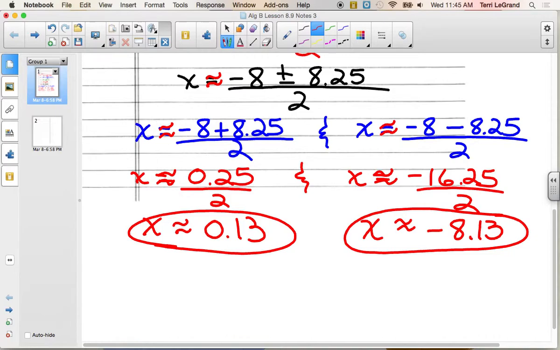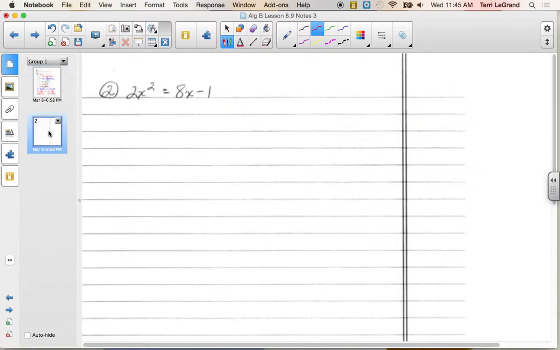Okay, well, let's go to the back side and do one more together. Jossie, is this one in standard form? No. Okay, could you give me what it would be in standard form, please? 2x squared minus 8x plus 1. So we have to subtract 8x from both sides and add 1 to both sides to get it in standard form, right?